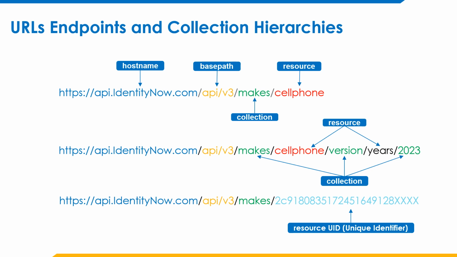Usually the endpoint is made up of collection hierarchies, so you can think of it as a kind of folder on your computer or mobile or any application like Google Photos or a music library. RESTful APIs follow a collection hierarchy. So as you move down, the path gets more specific until you finally reach the specific piece of data you are trying to access.